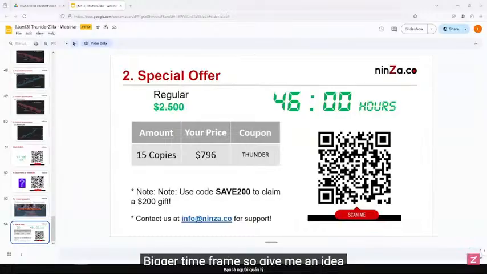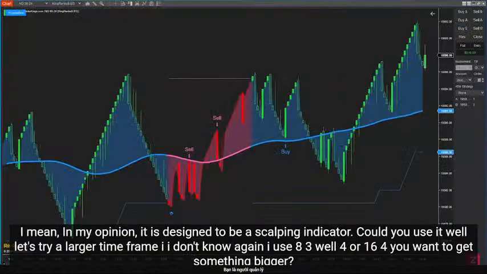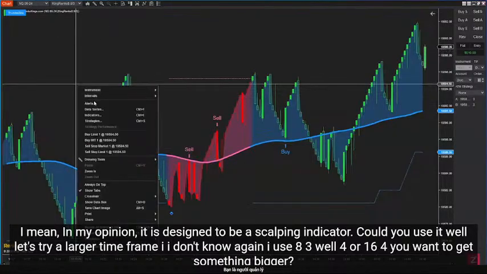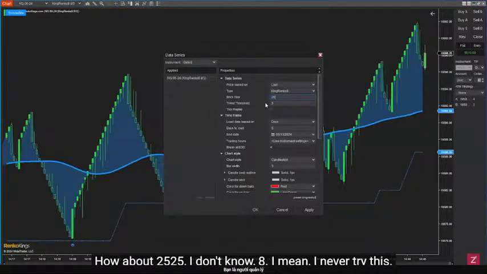Bigger time frame, so give me an idea. Bigger time frame, okay. You don't have to use them only for scalping. In my opinion, it is designed to be a scalping indicator. Could you use it? Well, let's try a larger time frame. Again, I use 8/3, 12/4, or 16/4. You want to use something bigger? How about 25/8?